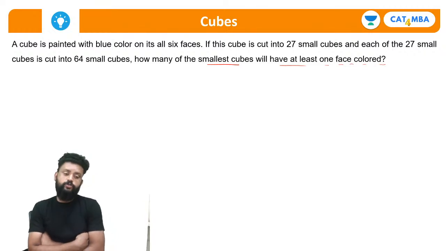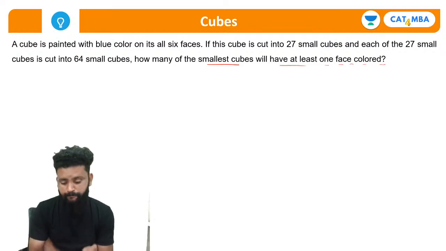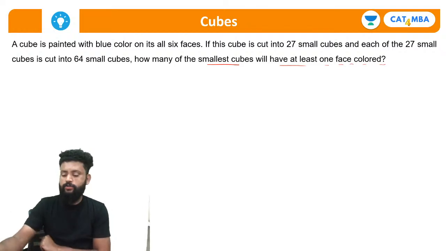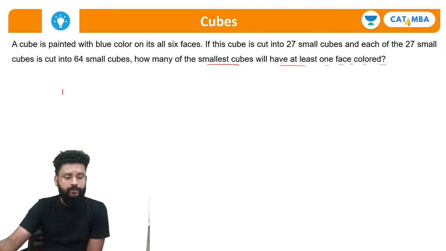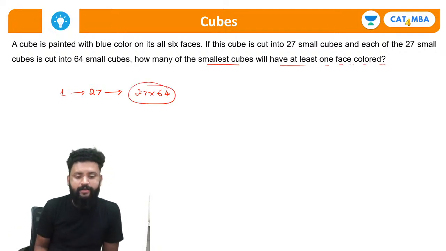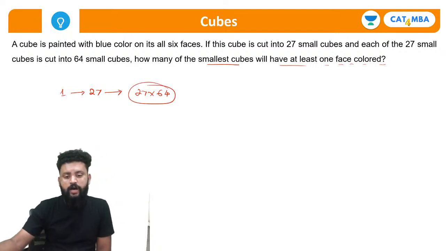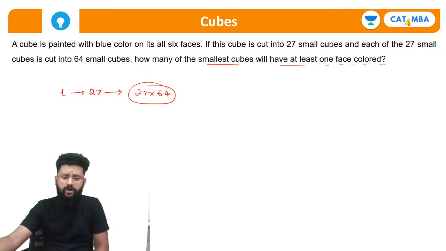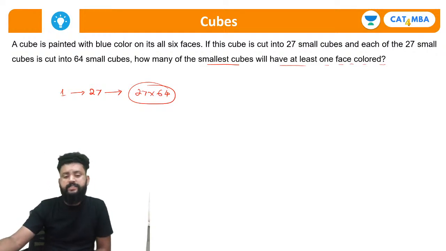Then how many total cubes of the smallest size will be made? First there was 1 cube, you made 27 parts of it, then each of those 27 cubes became 64 smaller ones, so 27 times 64 will be the total number of cubes. We need not find that number, because we are not supposed to calculate that. We are supposed to calculate how many of the smallest cubes will have at least 1 face painted.